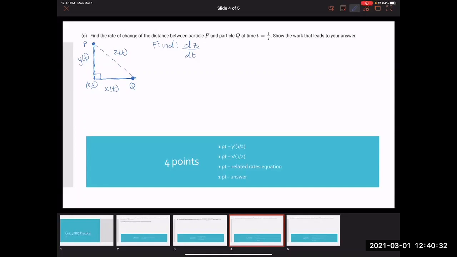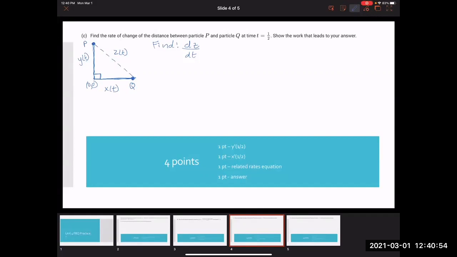Now, we've done a couple where we had right triangle relationships, and all of them we use the Pythagorean theorem. So we can't really write down our givens. We're not given anything. We don't know x of t at a half. We don't know y of t at a half. We can find it. We will find it, but none of our givens are given yet.